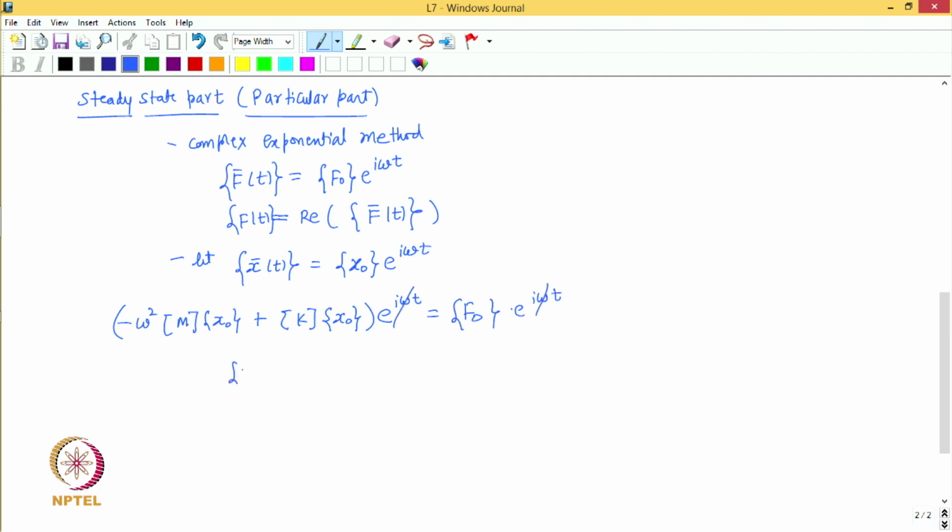Therefore, we can write the response as x naught is equal to the inverse of K minus omega square M, times F naught, and the matrix K minus omega square M is called the dynamic stiffness matrix.